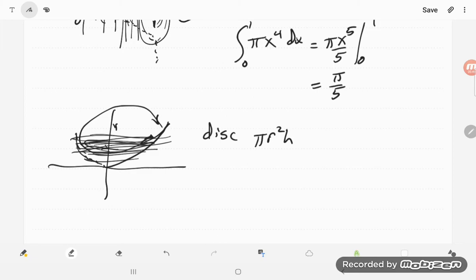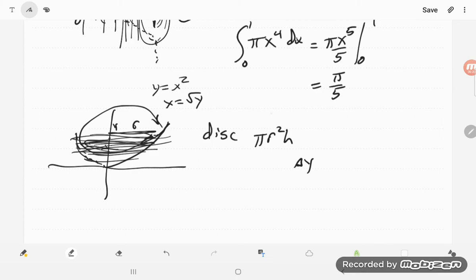And so now that h is a delta y, and the radius here, well, I have to think about that, right? That we had the function, remember, y equal x squared. Well, but for a given y, then how far is that? Oh, well, that's do an inverse sort of thing, right? And we get x is equal to the square root of y.